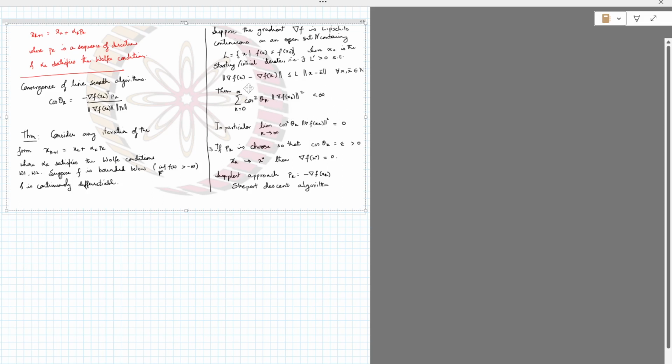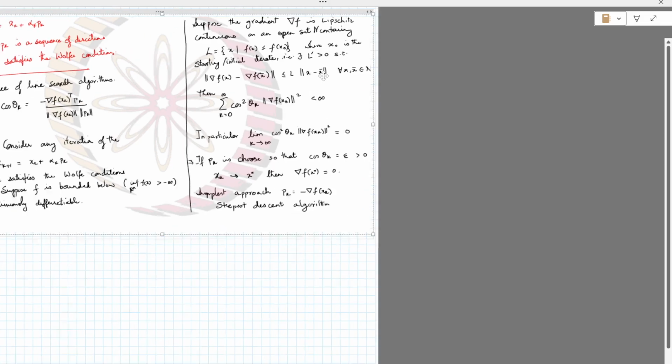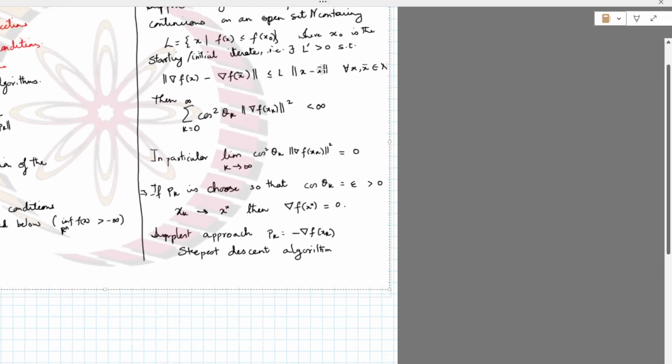Yeah, because this x minus some x bar is like your iterates now, and you are iterating how much the gradient is changing. As it starts to converge, the gradients should not change very much.